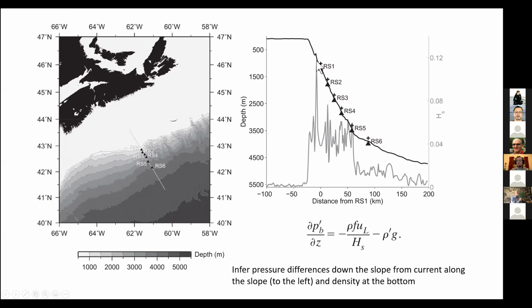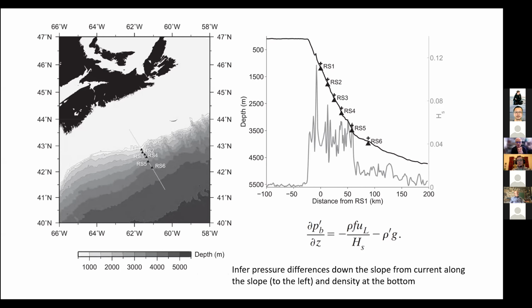So we have bottom pressure, but we also have density and current measurements. The current tells you the pressure gradient horizontally, and the density tells you the vertical pressure gradient. So you should be able to get the difference in pressure between 2 sites from these density and current measurements, as well as you can do it from the BPRs.